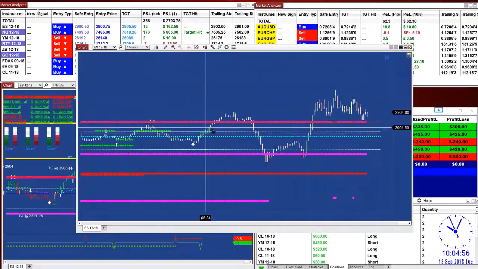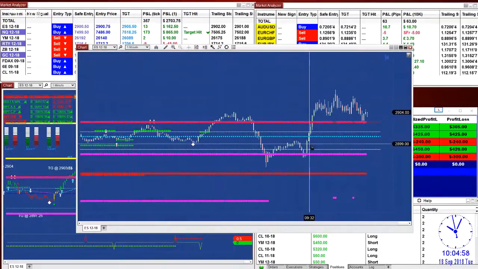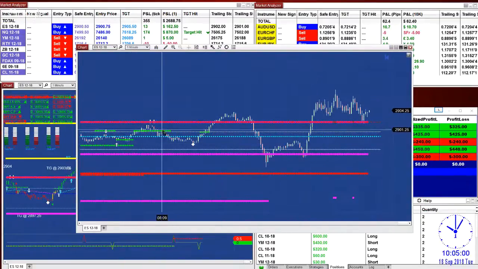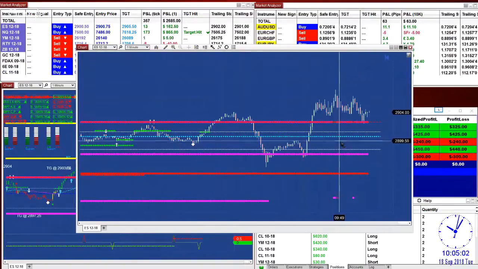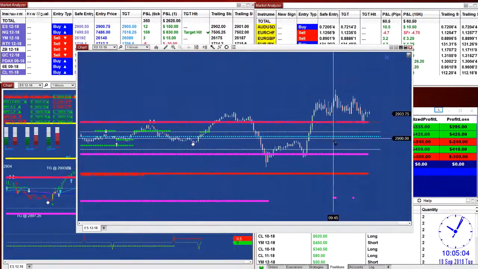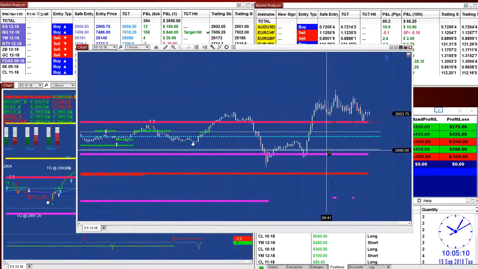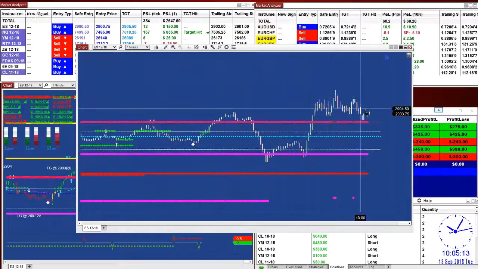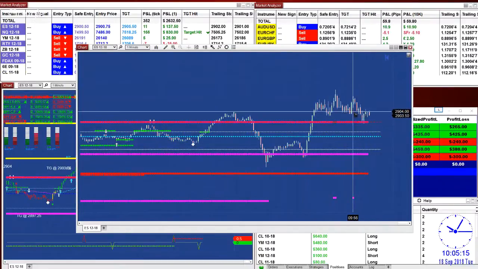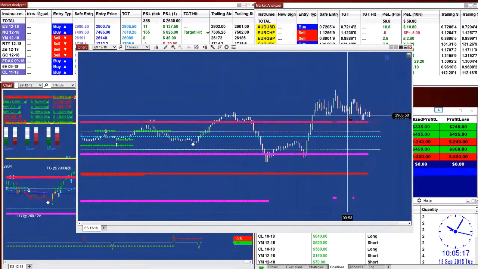When the ES was stuck between those two lines here, your probability is going to have a lot of problems. Once the ES breaks out from those chop areas, this is where you need to start using your auto trades, and this is where you start making the most money.